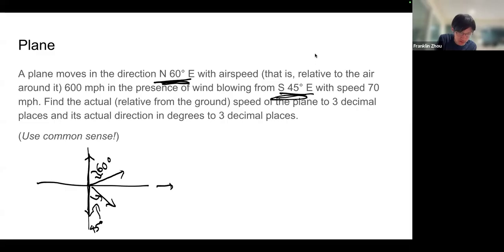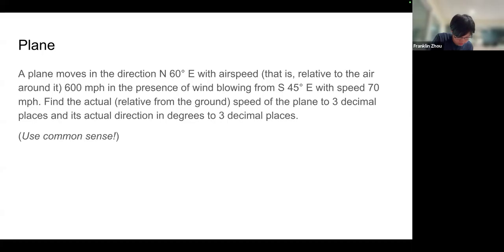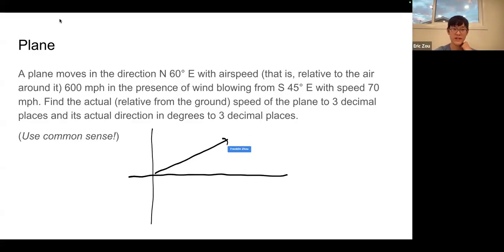Now I'll give everyone some time to think about it, and if you have an answer, feel free to message me. You could use a calculator. Well, I think you must use a calculator.